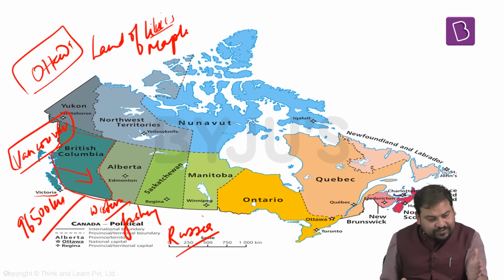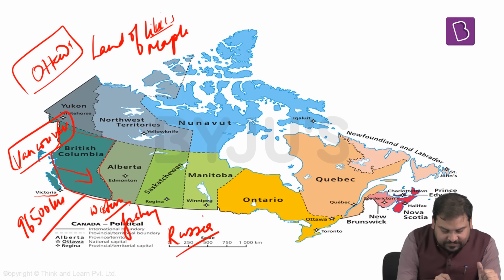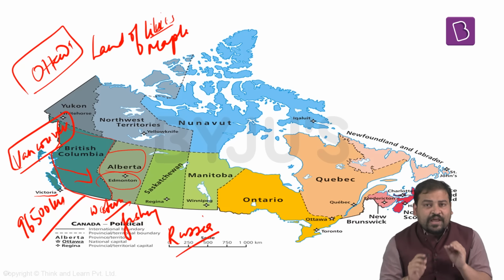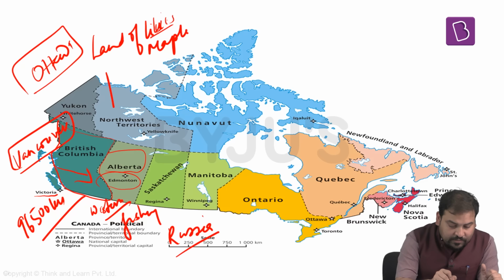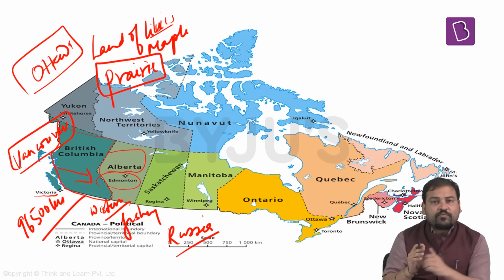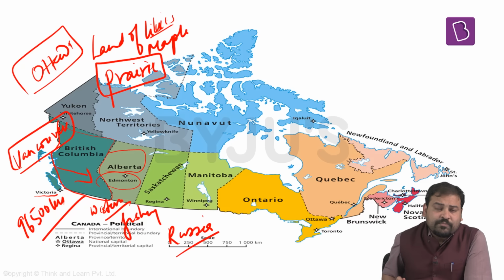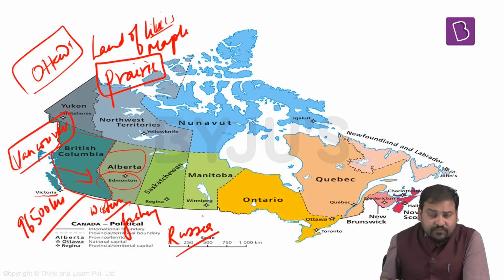If we move towards the eastern side, what we find is there is a state called Alberta with its capital at Edmonton, the largest prairie town of this Canada, one of the most important grasslands in the northern hemisphere.